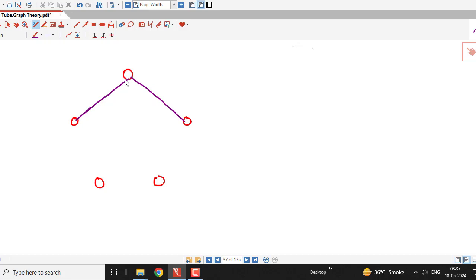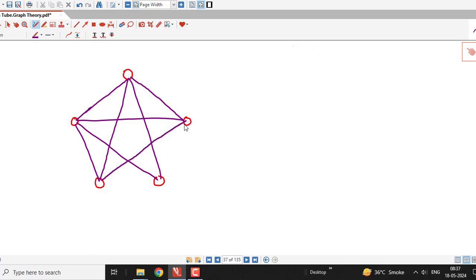So I am joining this vertex first with all remaining vertices. Then I will join this vertex with all remaining vertices. I will consider one by one. Then this vertex is to be joined with the remaining vertices, so I will join these two and these two.